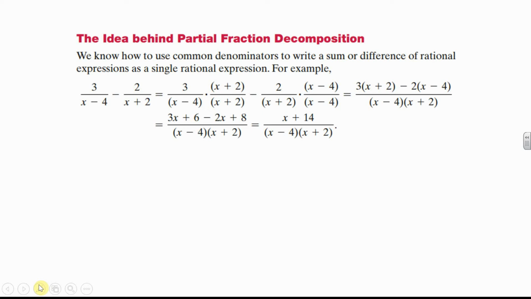You recall that we did that by finding the LCD, least common denominator, which would be x minus 4 times x plus 2. And then once we rewrite those fractions with the new common denominator, then we can combine the numerators all over the common denominator, and you get your result.